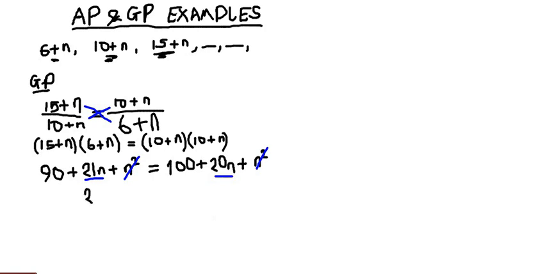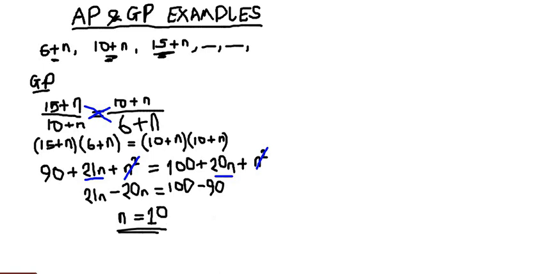So we have 21n minus 20n equals 100 minus 90. So 21n minus 20n gives us n is equal to 100 minus 90, which is 10.